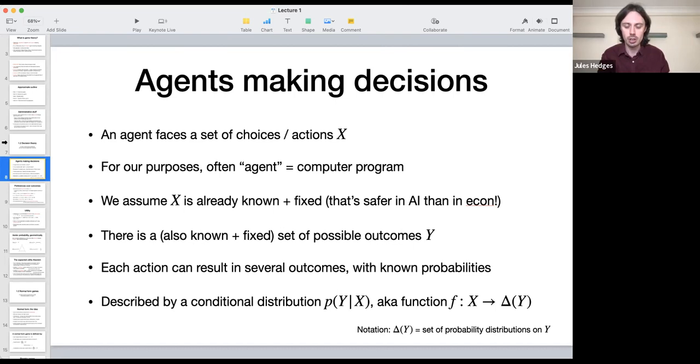So we get a conditional distribution on outcomes given choices. This is traditionally written like this. I like to write it like this, as a function that given any choice will give you back a probability distribution on outcomes. So I'm writing delta Y for the set of distributions on Y.